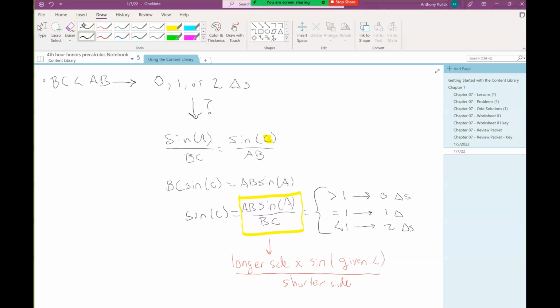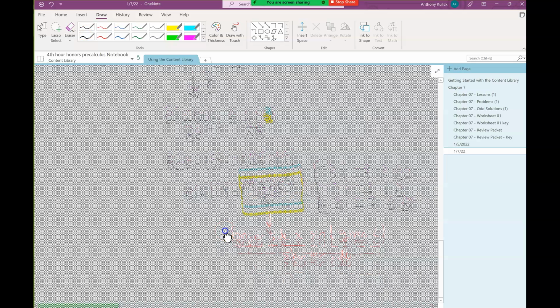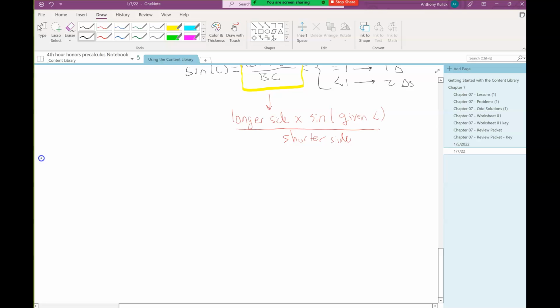So let's do some specific numeric examples where we kind of see this in play. Everybody's good with that? Just FYI, I think this is the most difficult thing we do this chapter, is dealing with this SSA situation. While it's not a difficult calculation to do, there's a lot to remember in terms of what happens when this happens or that happens. The only one that's really the non-common sense one is where A is acute, where the given angle is acute.